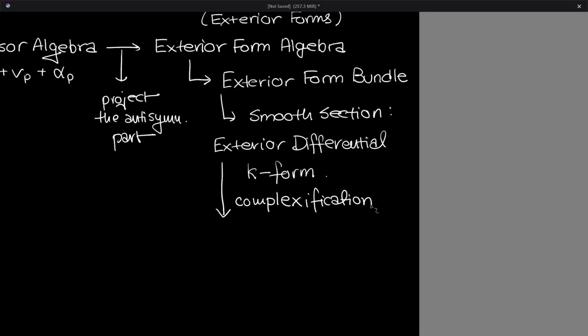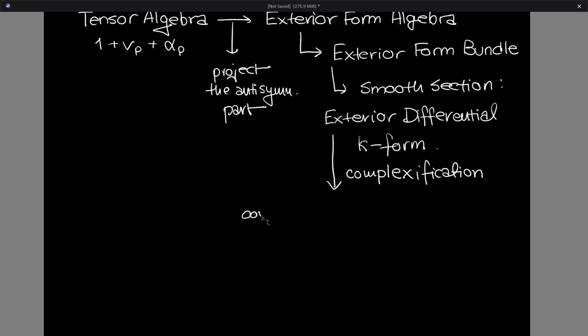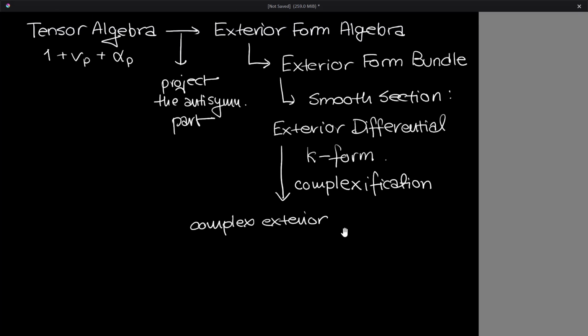And then we had our final tool, complex exterior differential form. I'm going to write its full government given name only once. That's a lie. I'm probably going to write this again in the future.